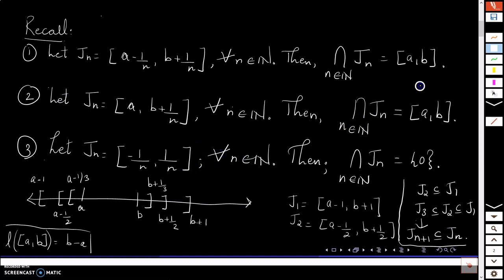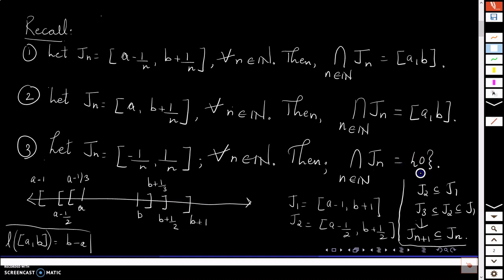Okay, so one thing to note here is whenever I take the intersection of all these Jn's in all the three cases, I'm getting non-empty sets. In the first one, we got the closed interval ab. In the second one also we got the closed interval ab. And in the third one, this turns out to be the singleton set 0.